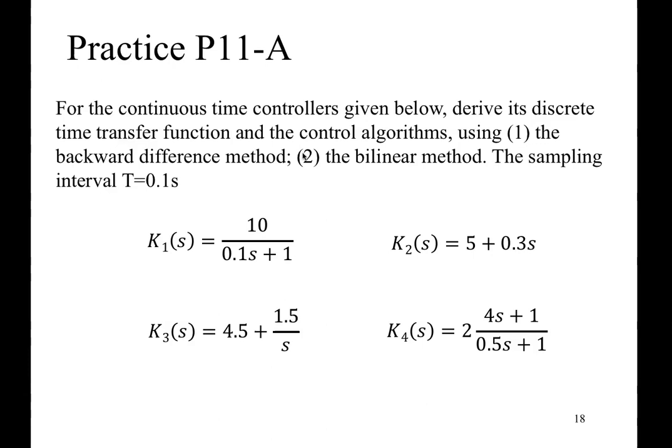I have some continuous time transfer functions here, and I want you to convert them into discrete time transfer functions, and then get to the control algorithms using the 2 steps in my examples, using both the backward difference method and the bilinear method. Here, I selected the sampling interval for you, so T equals 0.1. Thank you.